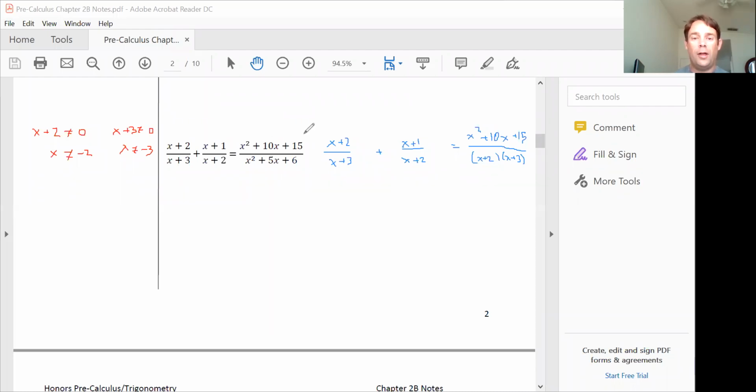So I'm going to multiply top and bottom here by x plus 2, x plus 3. So everything is going to get multiplied by that common denominator. This one's also going to be multiplied by x plus 2, x plus 3.